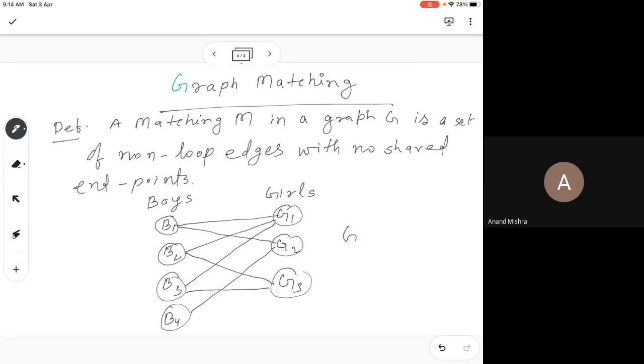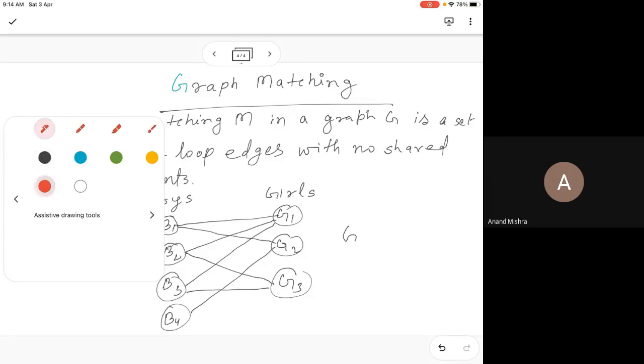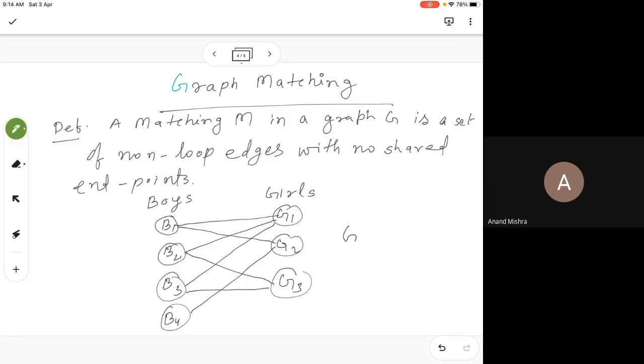A matching will always have unique pairs, right? Let me use some other color, let's say green. So one of the matchings could be this: B1 to G1, then B2 to G3, and you cannot use B3 to G1 because G1 and B1 have already matched. So B3 cannot be matched with G1.